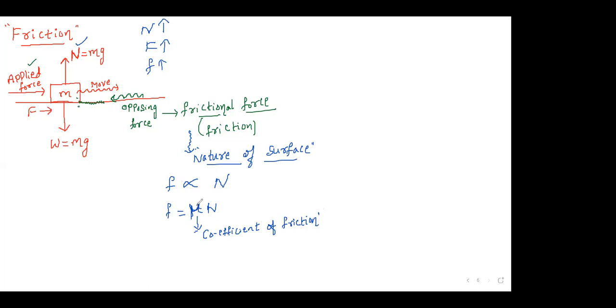What is this mu called? Mu is a constant called the coefficient of friction. Can you tell me the formula for the coefficient of friction mu? It is nothing but F by N, right? Can you define what is the coefficient of friction?